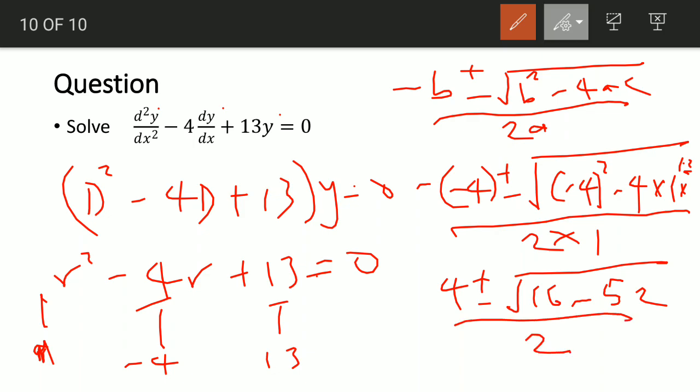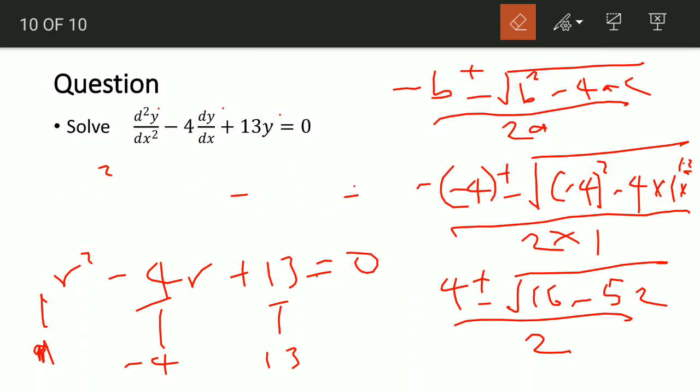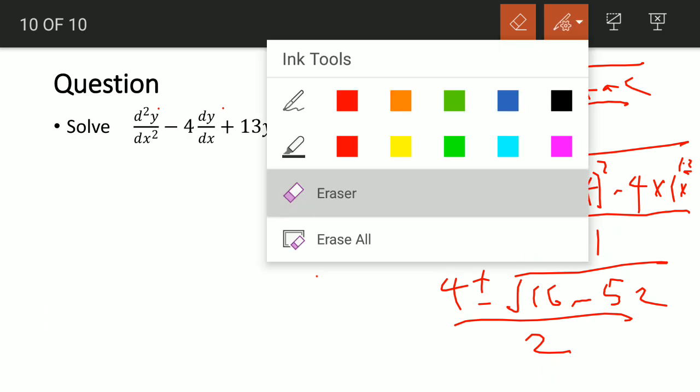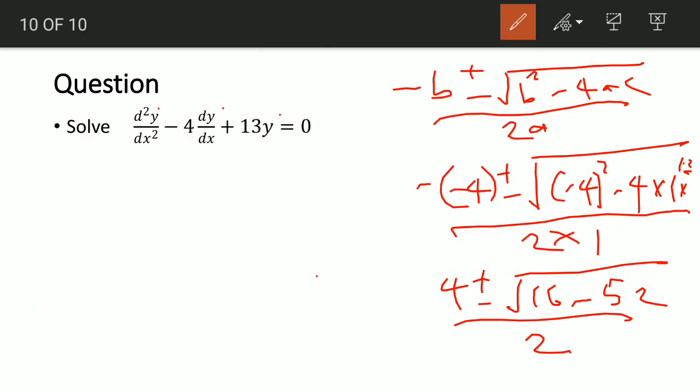Now let us rub off some side, please, as we continue. Okay, now this is good. So that now continues to give us 4 plus or minus square root of 16 minus 52 is going to give us minus 48. Minus 48 all over 2.